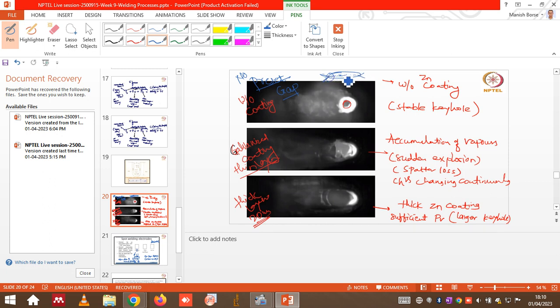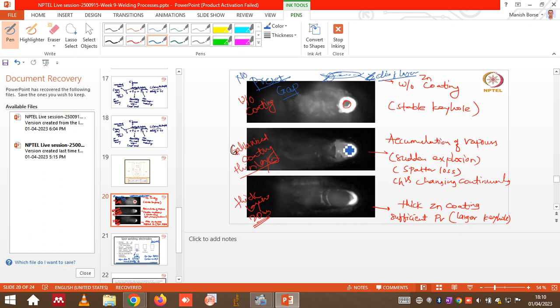As a thumb rule, this preset gap should be less than the diameter of the laser. So it is not advisable in certain cases to maintain the preset gap.